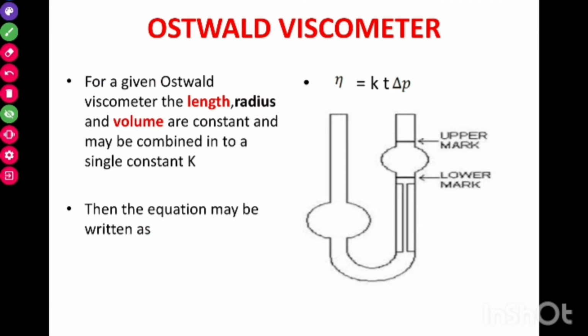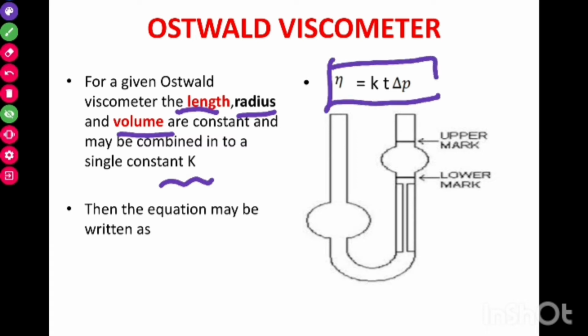For a given Ostwald viscometer, the length, radius and volume are constant. So we can combine these factors into a single constant, and it represents K. Then our equation changes to eta equals K T delta P. K is our constant.